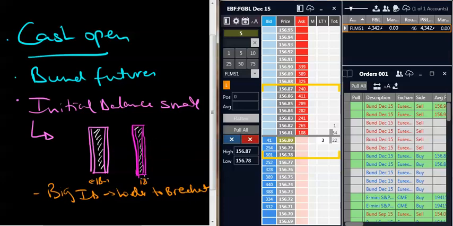So usually, the smaller the initial balance, the better the breakout.